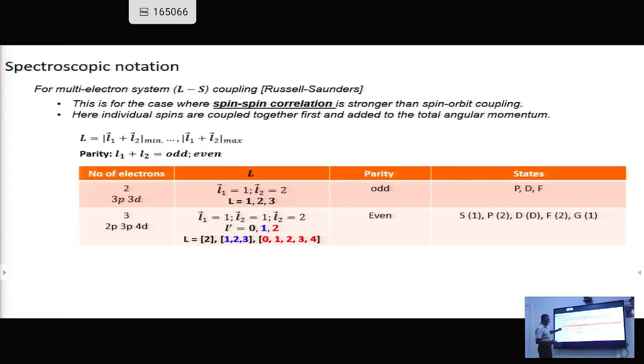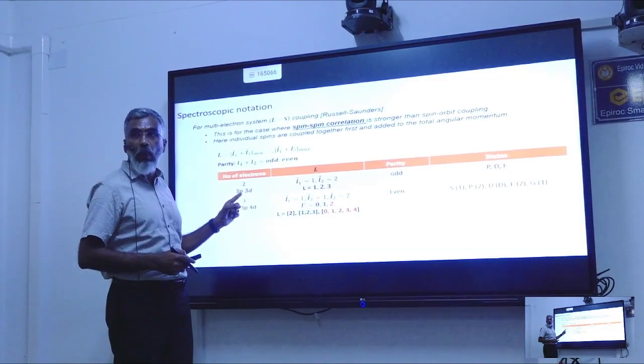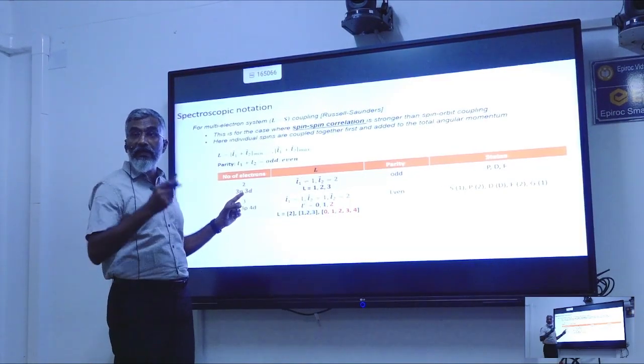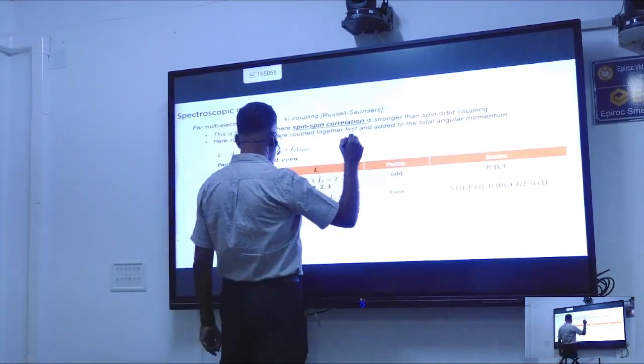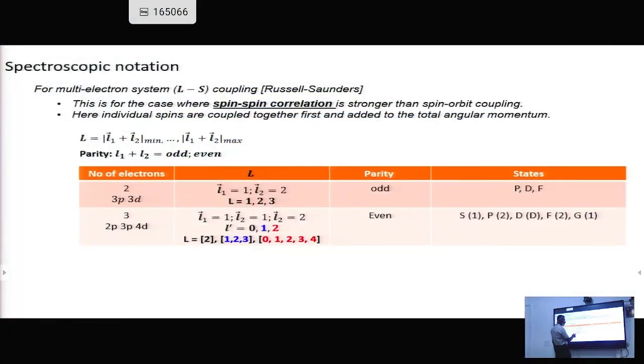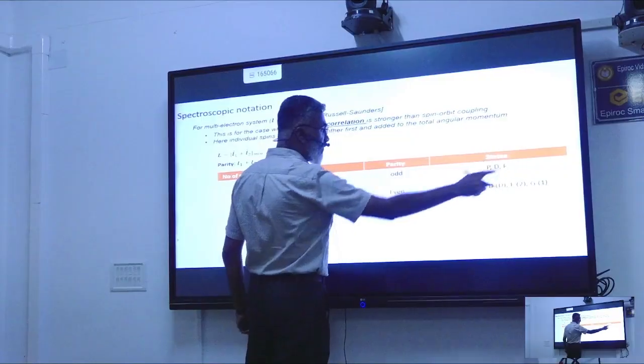Now, let's take the electrons. In this case, you will mention in which level they are. So, one electron in 3P and one in 3D. So now, that is L1 is 1. It goes like S, P, D, F, G, right?